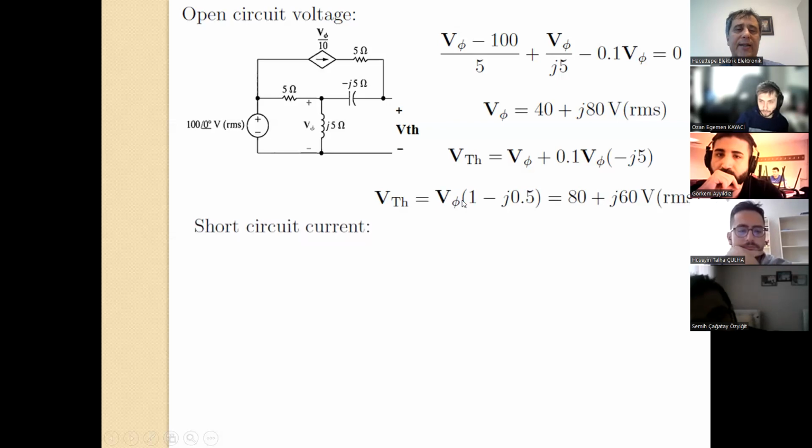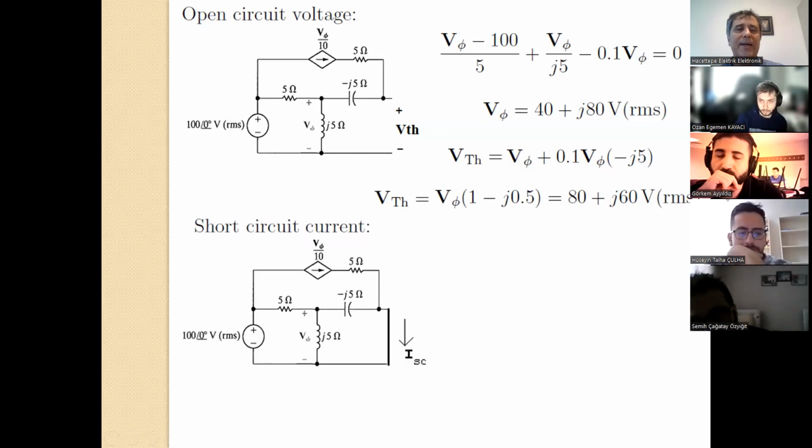Short circuit current now. This time I'm going to short circuit those terminals and then find the short circuit current. The other way to find it is to use the test voltage, of course, but a little bit more calculations are required. This is the easier one.